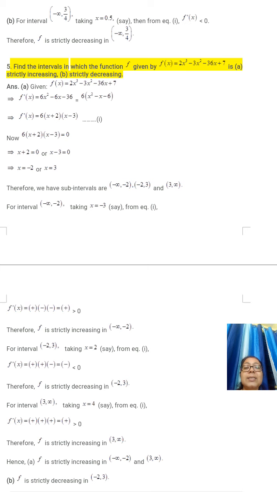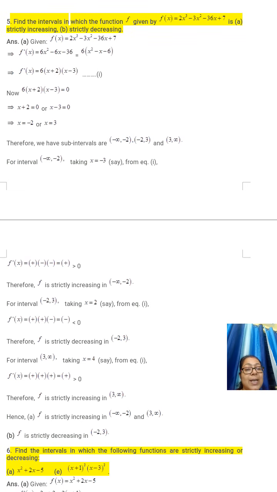And the next one is 3 to infinity. If we consider x = 4 and put it in f'(x), that is 6 into (4 + 2) into (4 - 3), 6 fours are 24. 24 means a positive value, so in 3 to infinity, in this interval also it is strictly increasing.